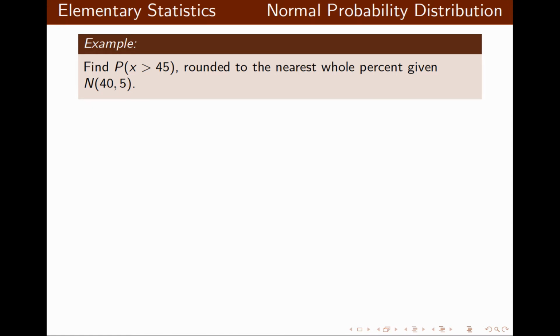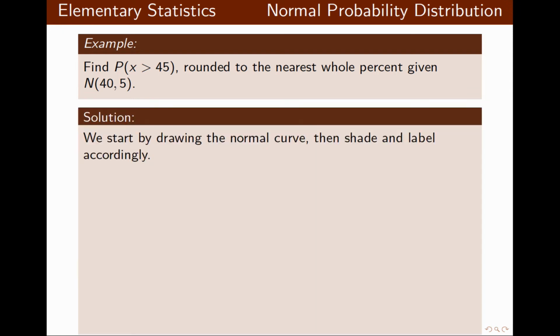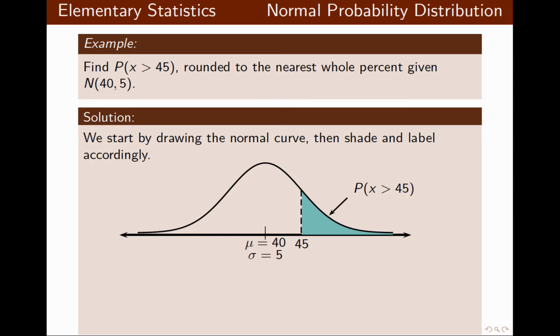We want to find probability that x is greater than 45, rounded to the nearest whole percent, given a normal distribution with the mean of 40 and a standard deviation 5. Once again, we're going to draw the normal curve, shade and label it accordingly. The shaded region here represents probability that x is greater than 45.